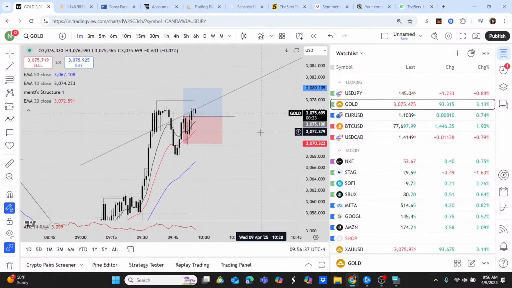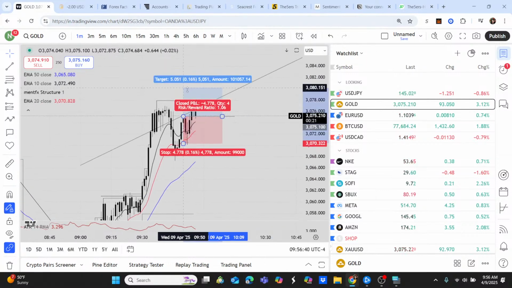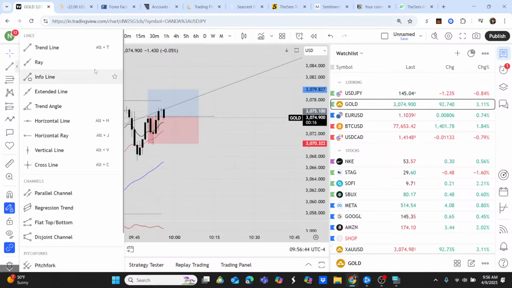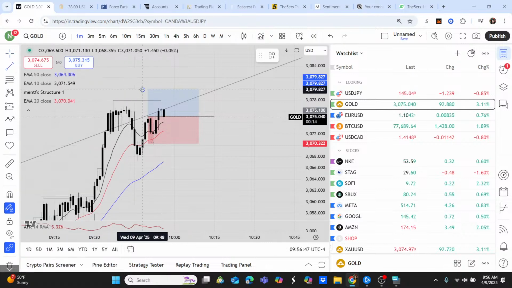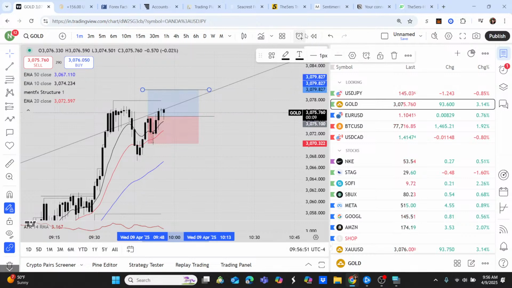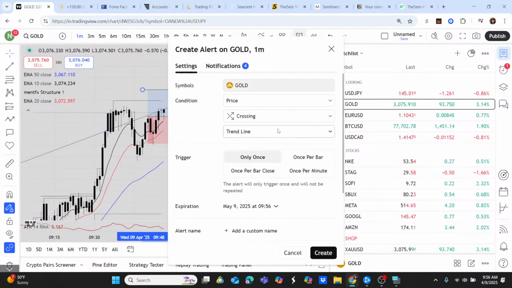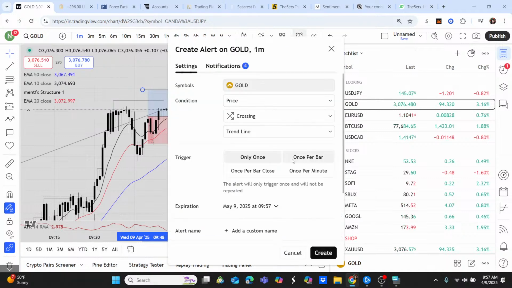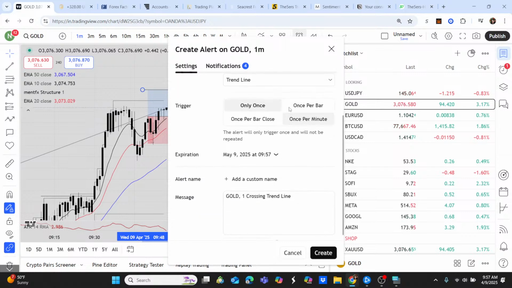And we'll basically just break even right here if it gets to there. So something like that. Let me just put an actual alert right here, 3079 827.